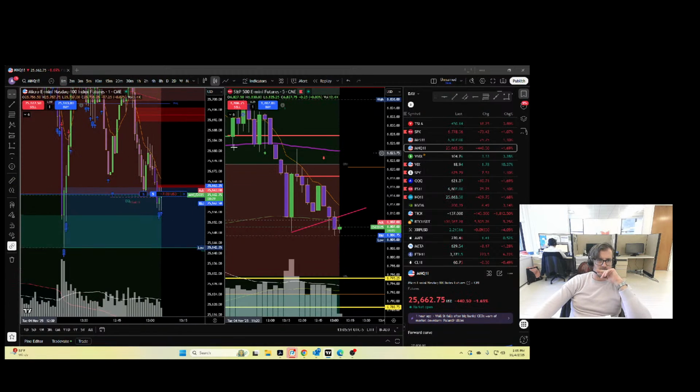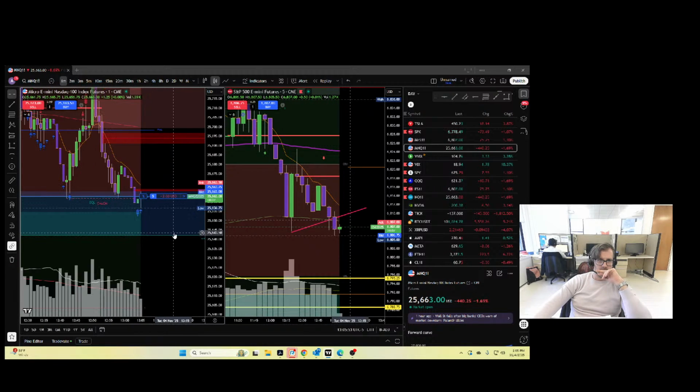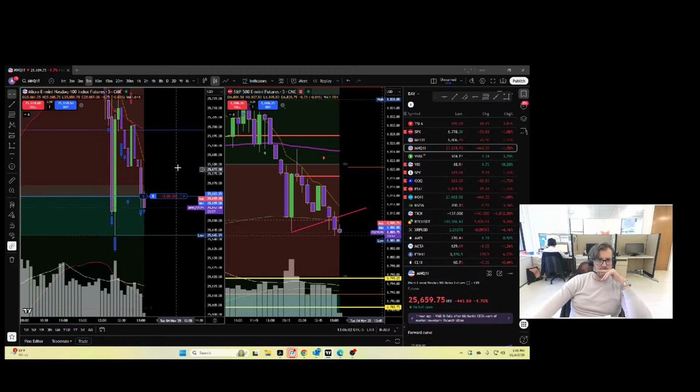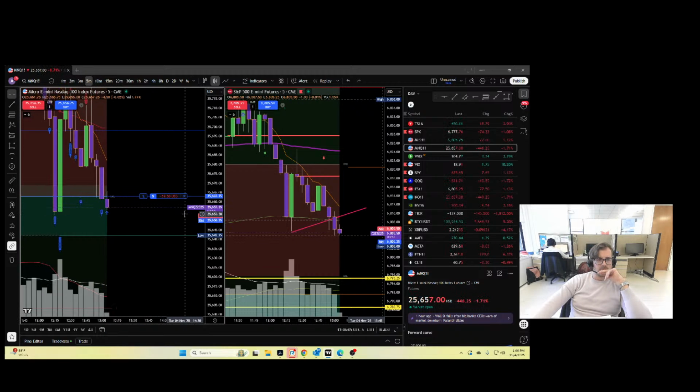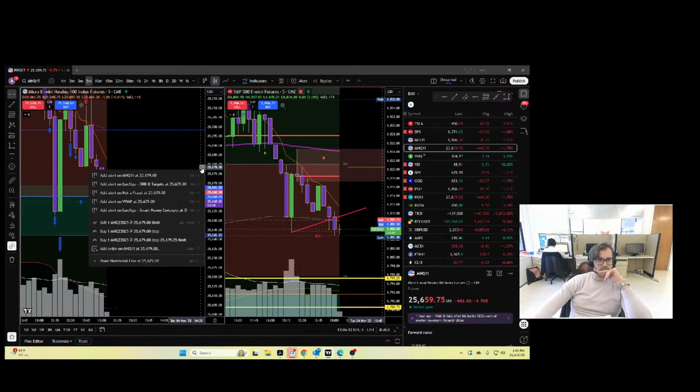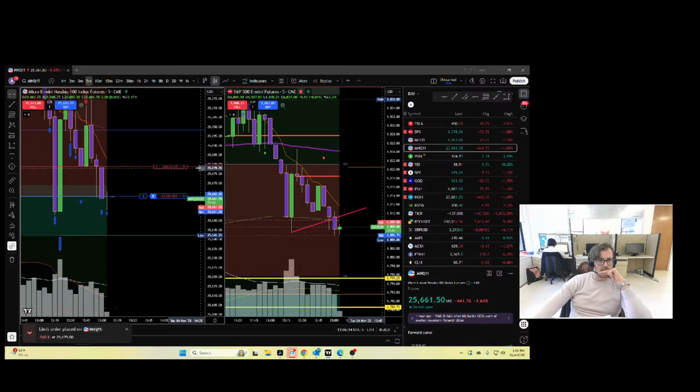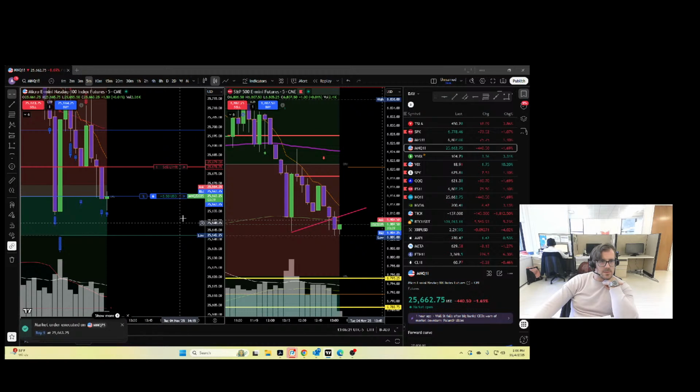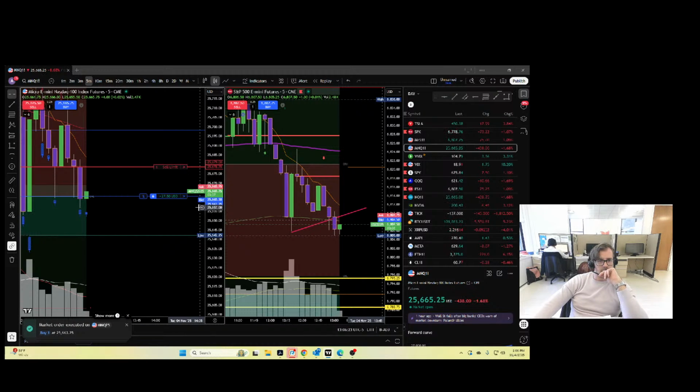But on this chart, the orange line is the 9 EMA, usually goes back towards that. 5 minute. Probably take profit there. Right?